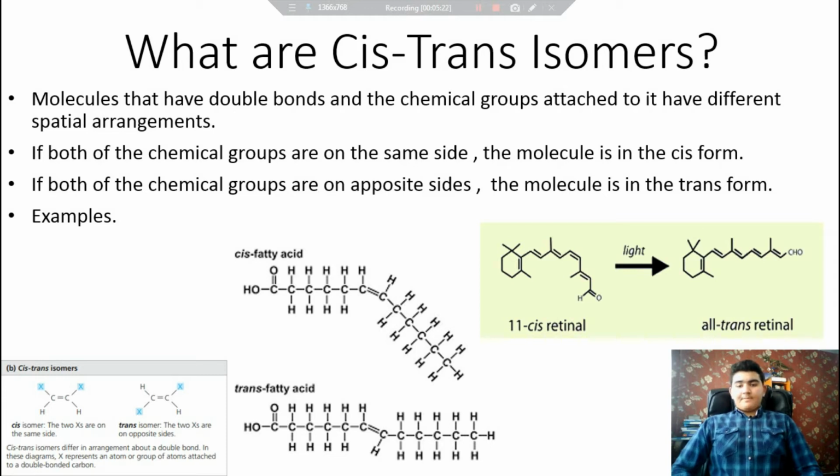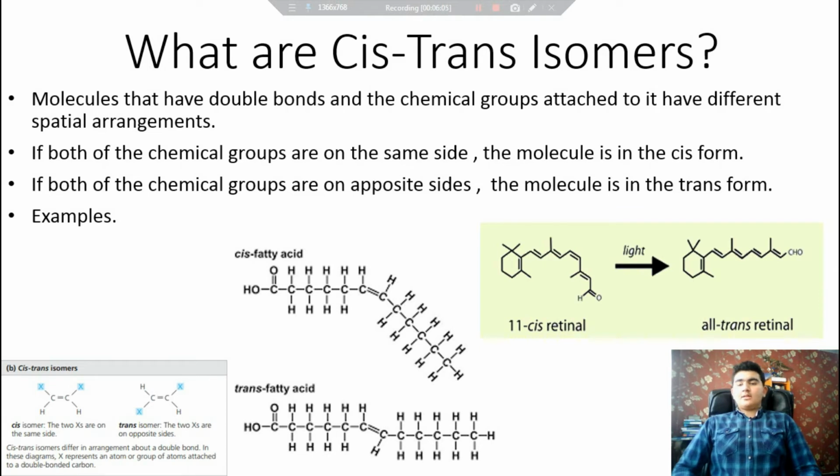Okay, so continuing, if, for example, a double bond joins two carbon atoms and each carbon atom also has two different atoms or groups of atoms attached to both sides, they would make cis and trans isomers, because as I said, the double bonds don't rotate, and so they can have two different structures. So they make cis trans isomers.